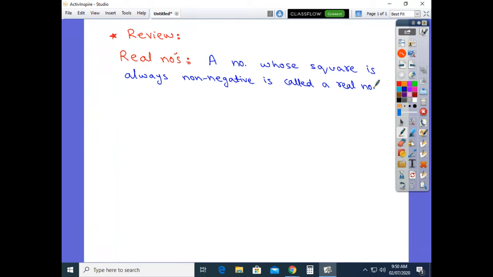Any number, if we take a square of the number, the answer will be non-negative. Such a number is called a real number.